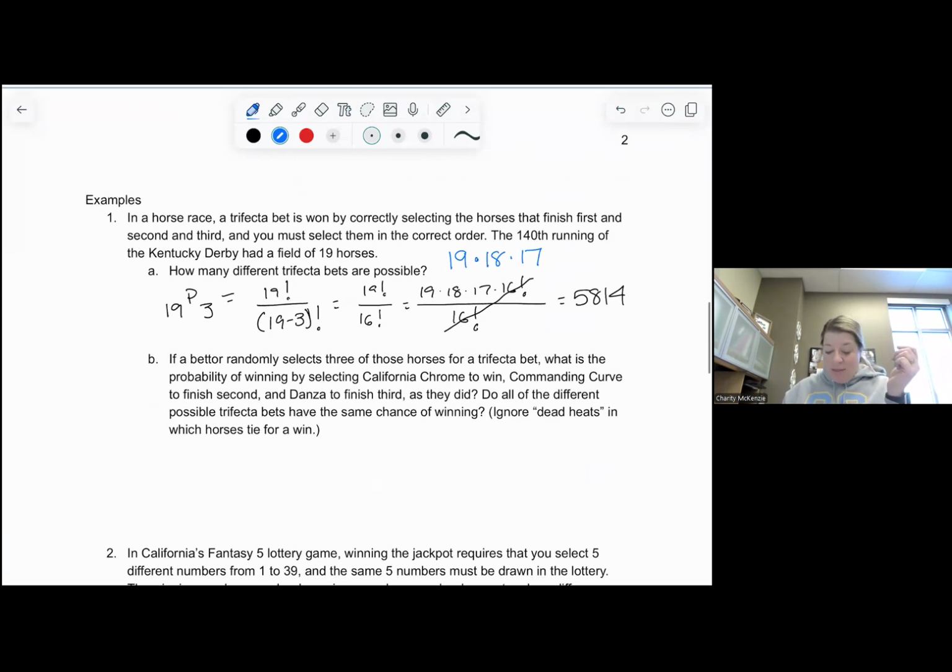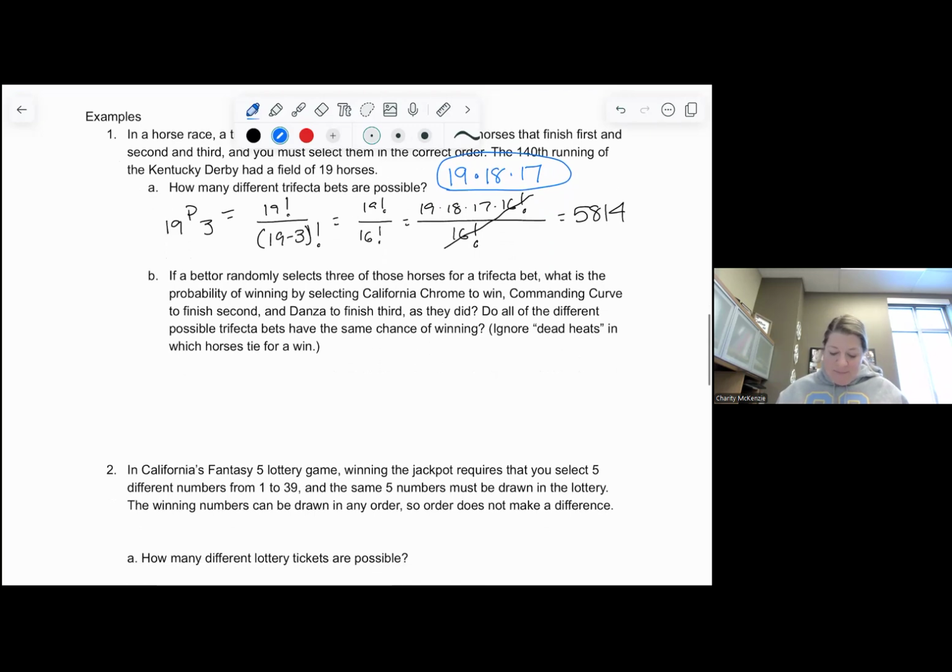You could have just thought through this and not done a permutation at all, and you still get the right answer. So with order mattering, you can think through the multiplication principle. So when you start a problem, it just depends on how you think of it. Now, combinations, you don't have a choice. You have to use a combination because then you would have to divide by however many you're choosing from. I don't think that's as easy to think of.